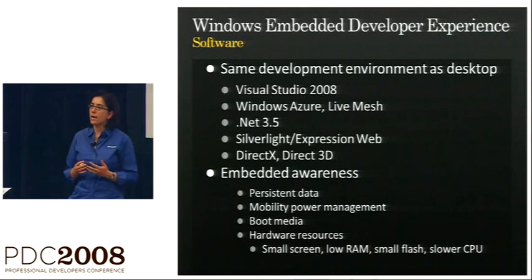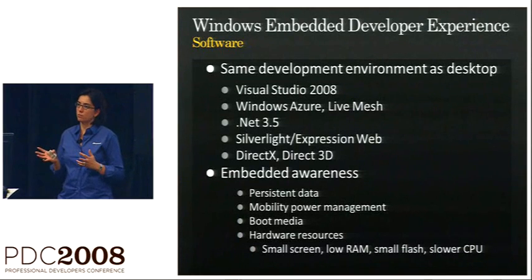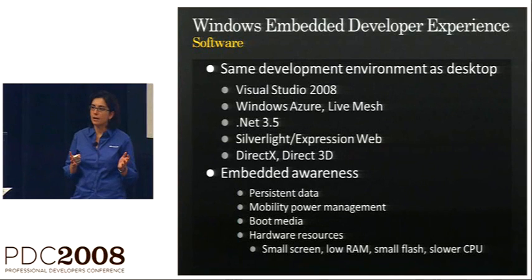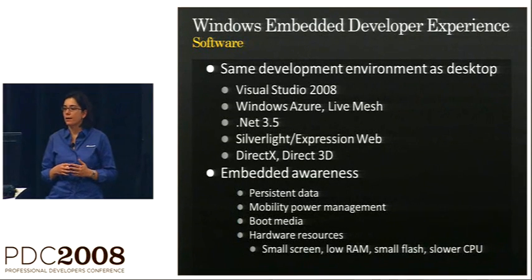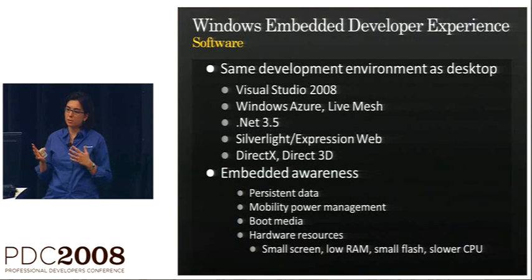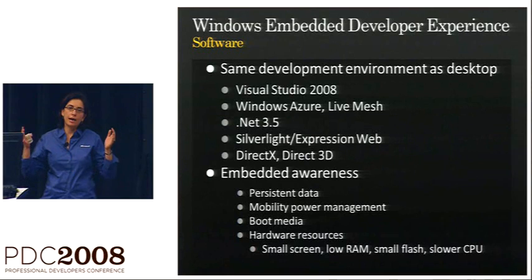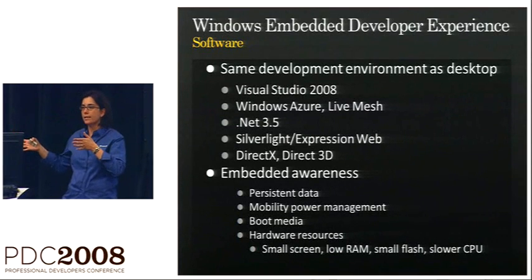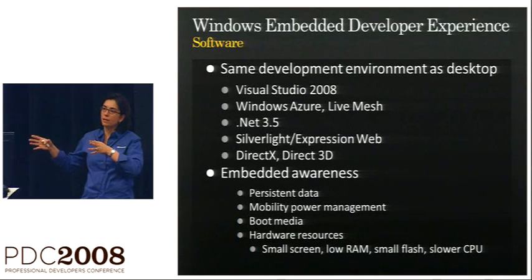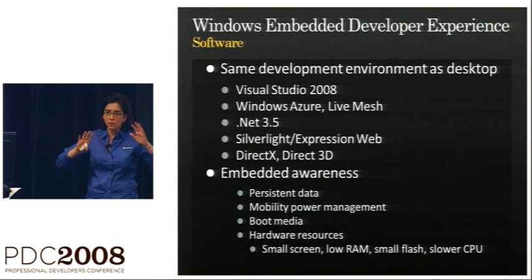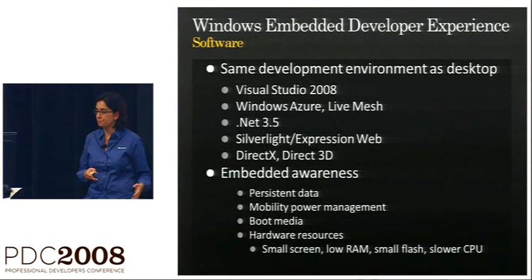But I also want to mention that you could just use Visual Studio 2008, the one you have, or the upcoming versions of it, with the add-ons, with the integration with .NET 3.5, with Silverlight. You can use Expression Web, DirectX, Direct3D, all these technologies that are available on desktop on regular Windows 7 are directly applicable to Quebec. So you can reuse everything there pretty much.